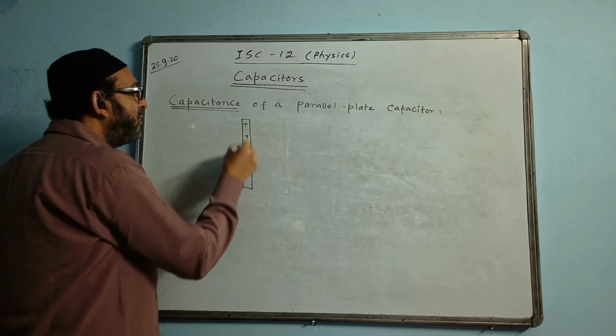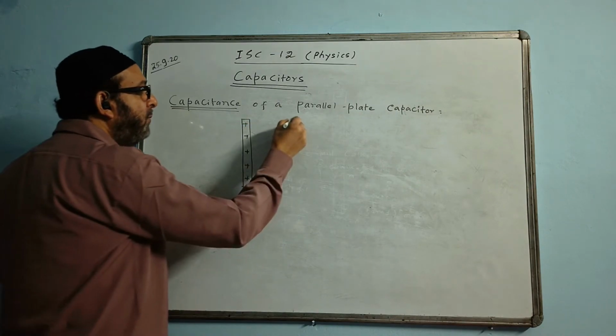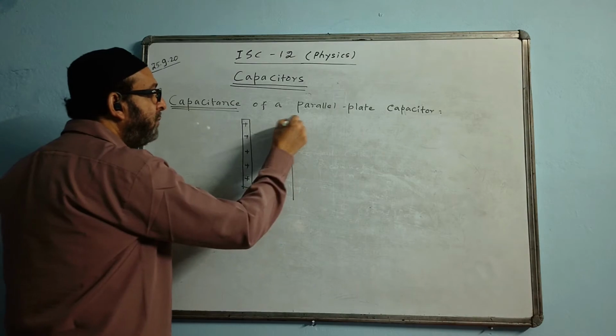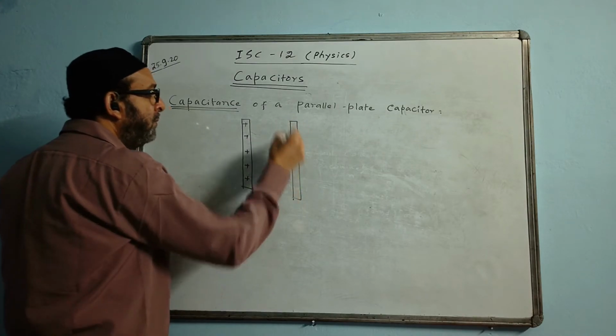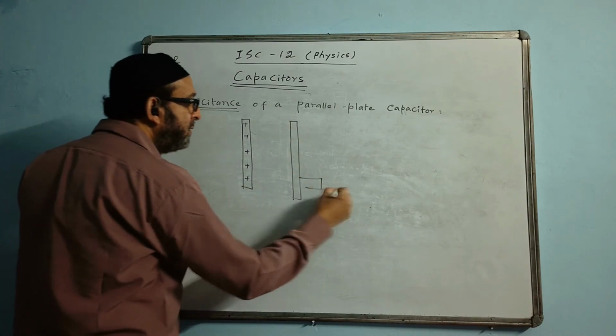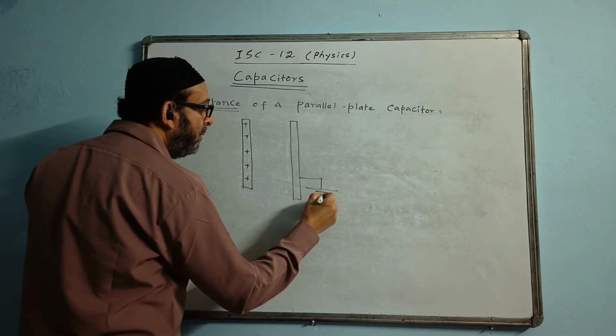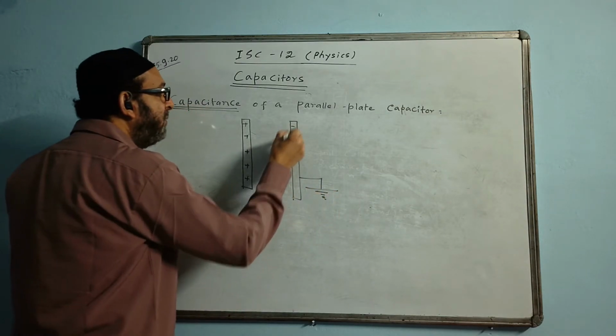We will have it like this: one plate charged and one plate uncharged, with the outer portion of this earthed. With the earthing, negative charge will stay here.